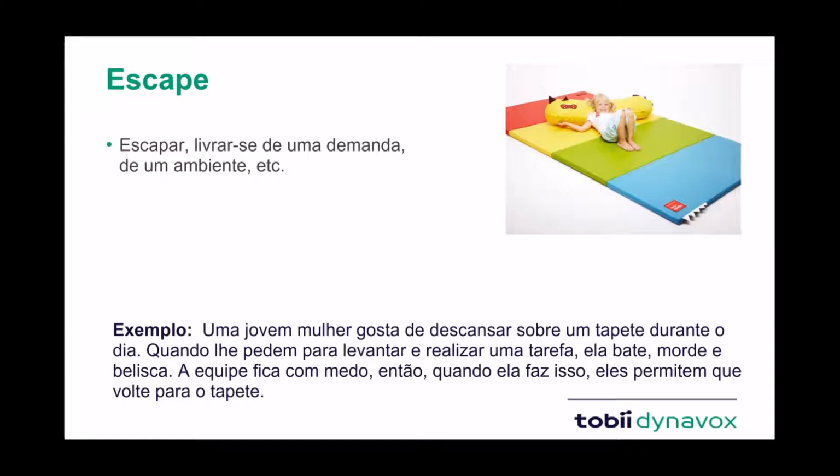E em qualquer momento que pedia para ela levantar e trabalhar e exercer alguma atividade, essa moça beliscava, batia, e a equipe, né, que trabalhava lá junto, ficava com medo desse comportamento, então acabava deixando ela continuar lá naquele tapete descansando. And this particular student would make a vocalization right before the bad behavior happened. So she was giving the staff a signal that she was about to start biting and hitting, and the staff was ignoring that signal. Então essa garota em particular, antes dela começar a ter esse comportamento de bater e de morder, ela dava um sinal físico.